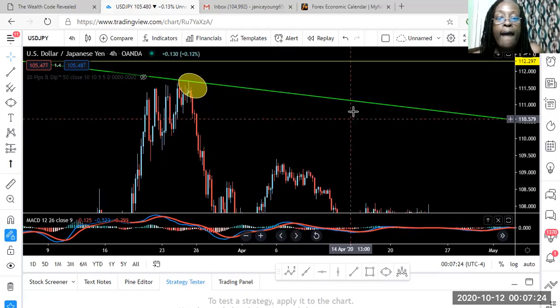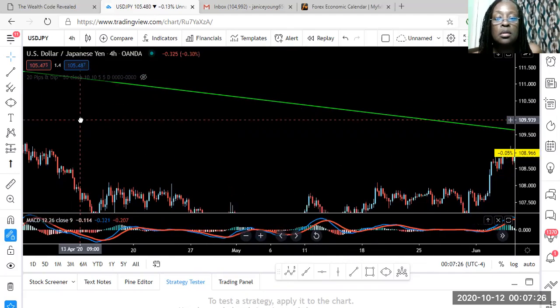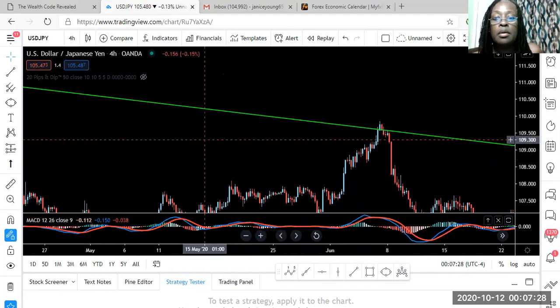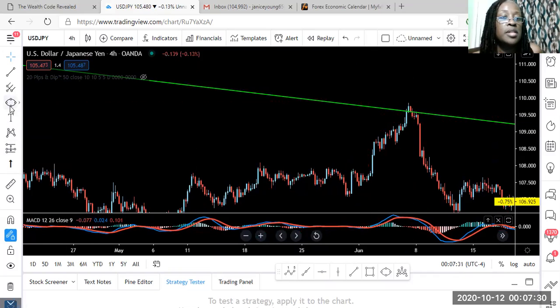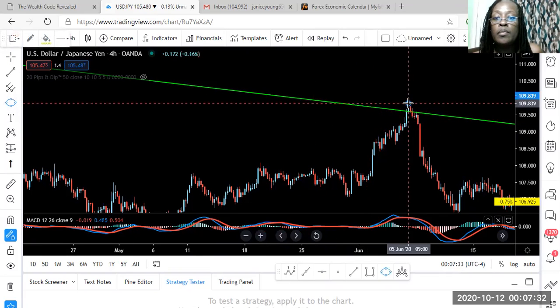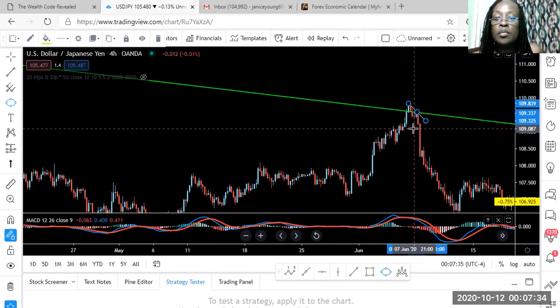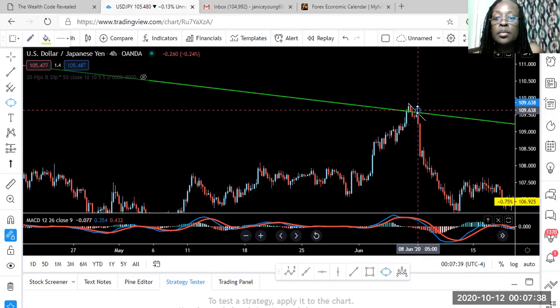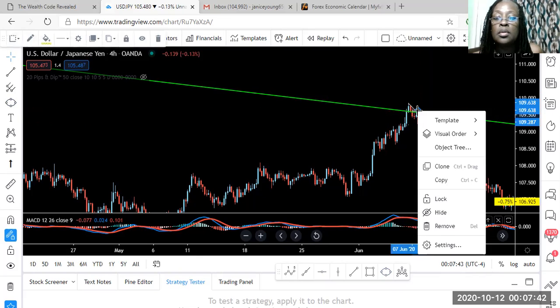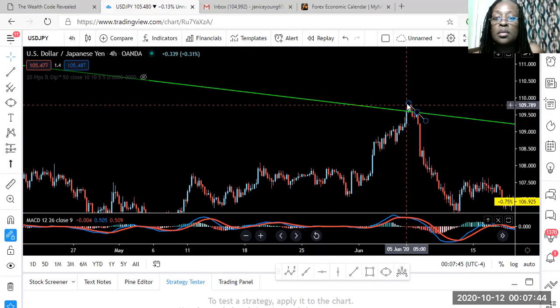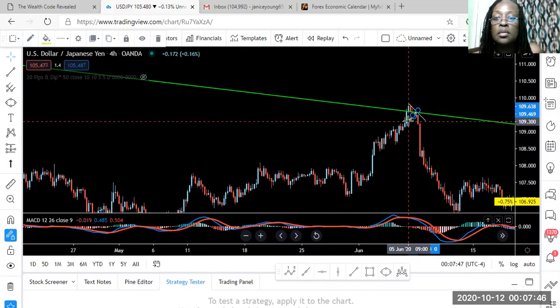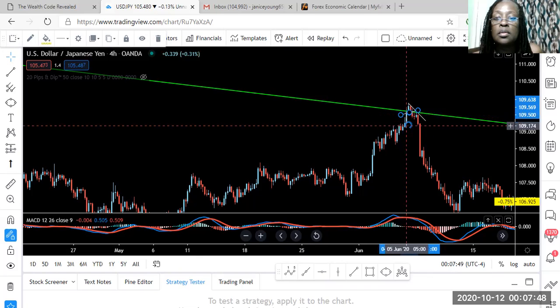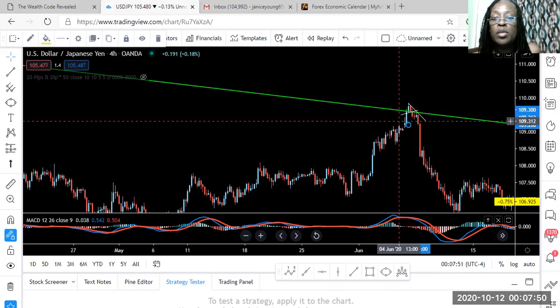Okay, and what else happened here? When price came to this area, right, what did it do? It pushed back down. Why are my tools acting up? Okay, I can't be bothered with that.